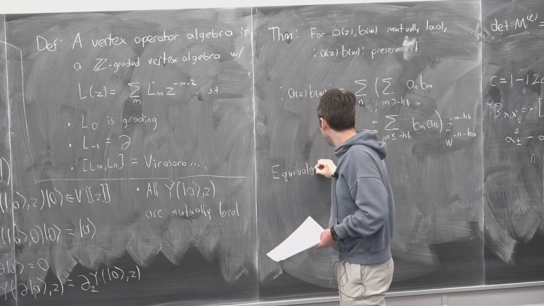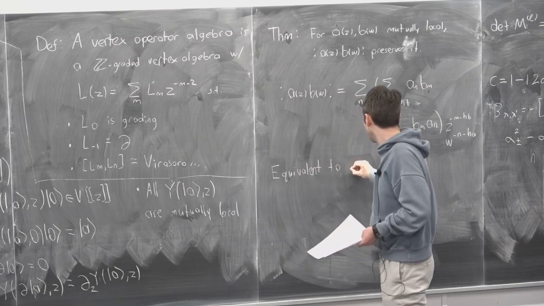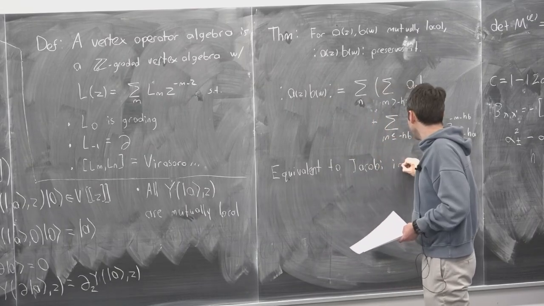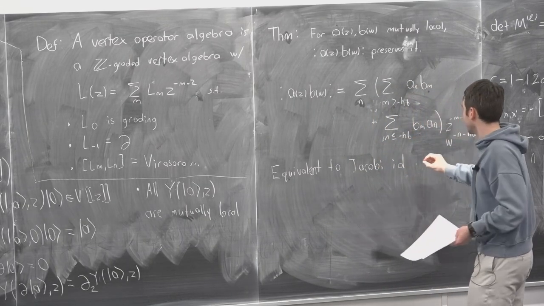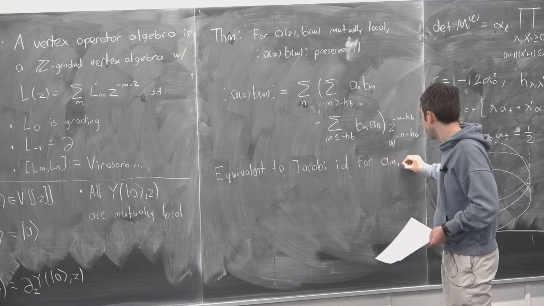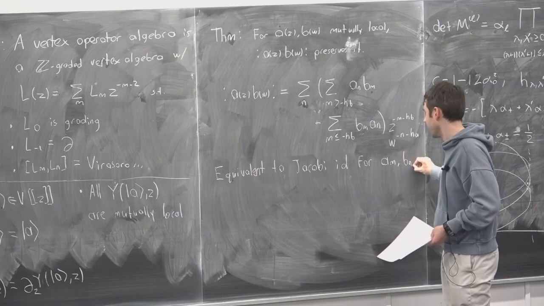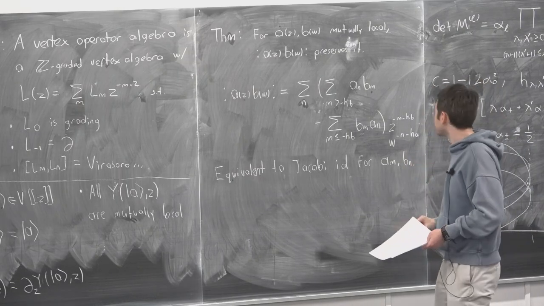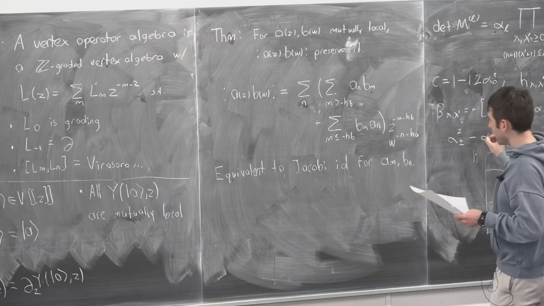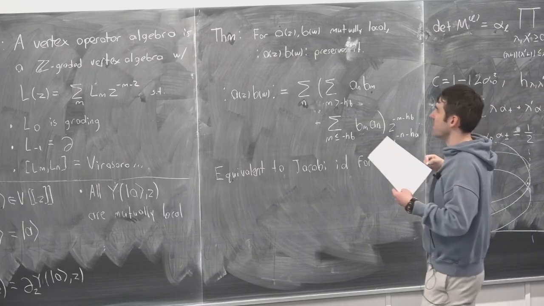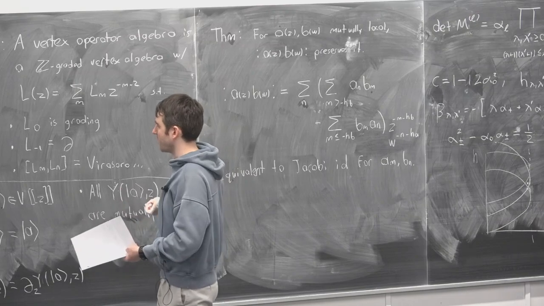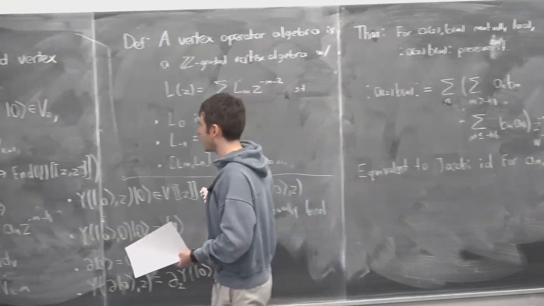And moreover, mutual locality is equivalent to the Jacobi identity for all of these A_m's and B_n's. So we're getting close to the goal now. There's a way that we can avoid having to do an infinite amount of work for an arbitrary vector space.